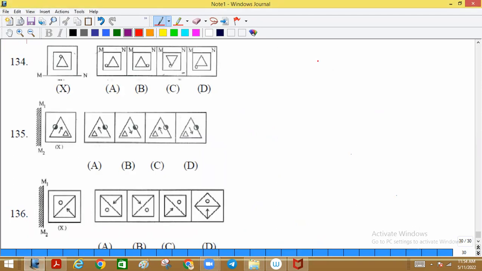134. So where is the mirror? This is the mirror. So which option? Yes or no? Yes. 135.